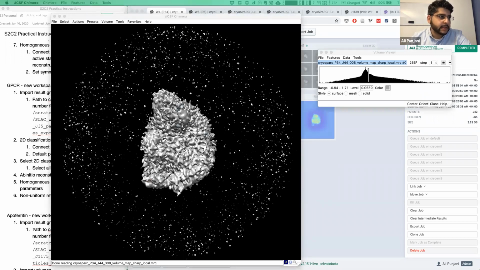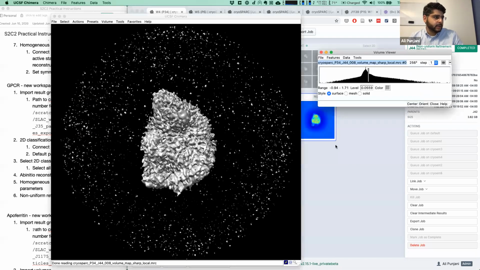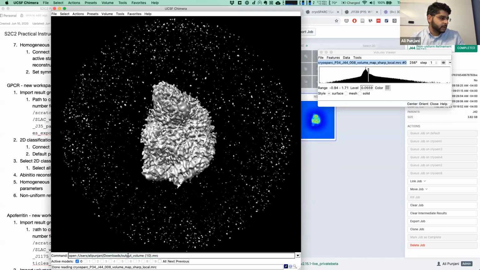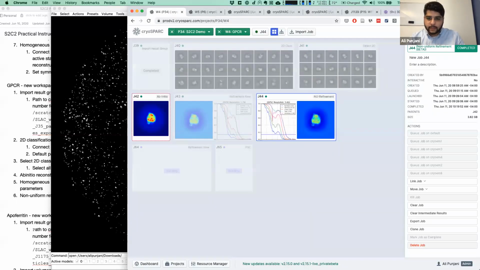The first one that's opening up is job number 44, which is the non-uniform refinement. I'll try to also open up the other one. Number 34. Sorry, just bear with me a moment. Project 34, job 43.